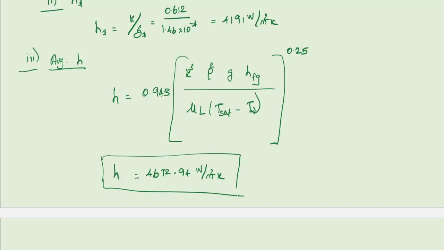Go to the fourth subdivision. In the fourth one, find out heat transfer. Q value, you know that Q equal to H A del T. Del T is nothing but your T saturation minus the surface temperature. Here H value is 4672.94 into area value 50 into 50 centimeter square.